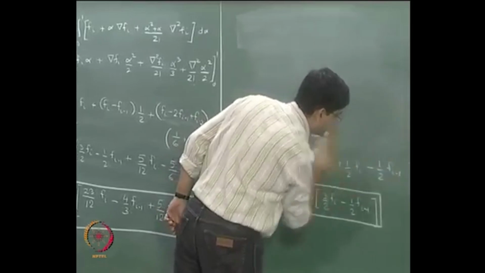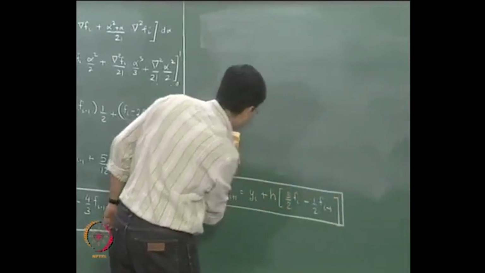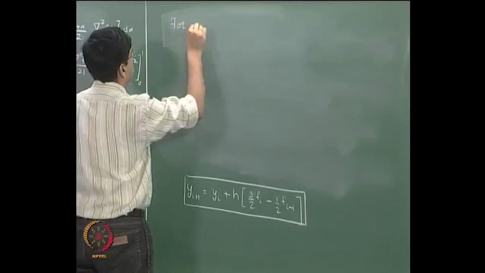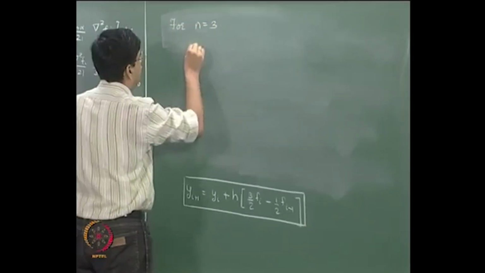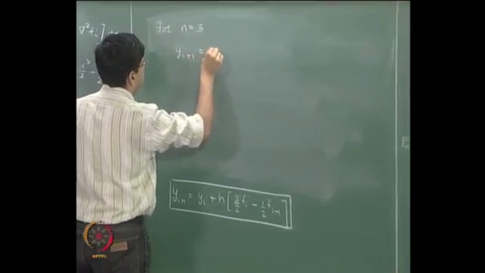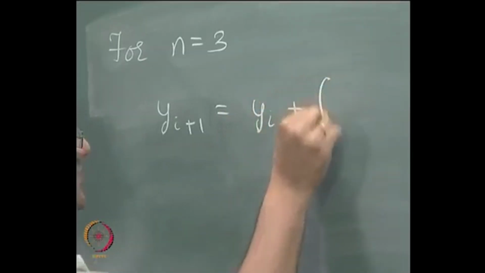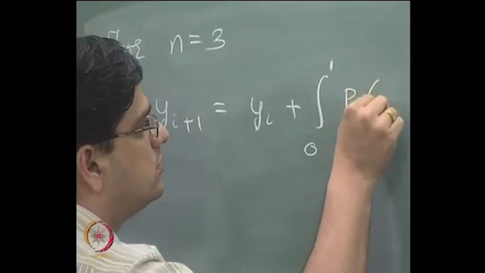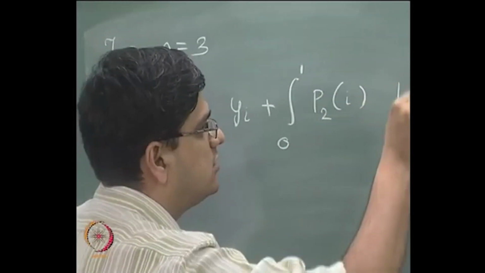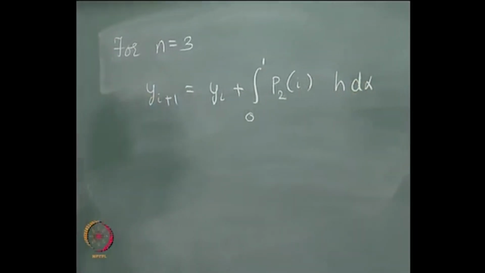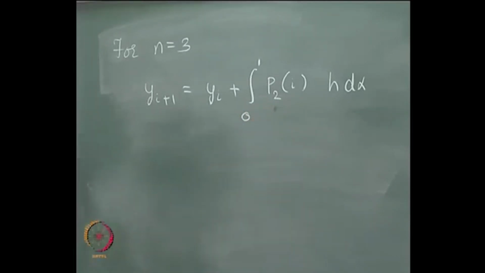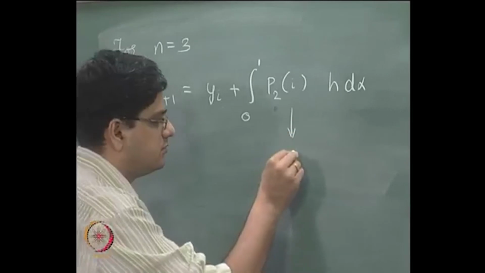For n equal to 3, yi plus 1 equal to yi plus integral from 0 to 1 p2 h d alpha. Okay. Now for p2 the accuracy is of the order of h cubed.